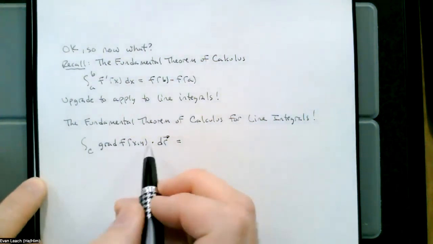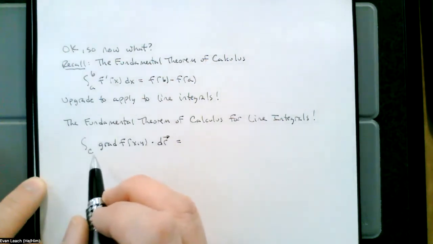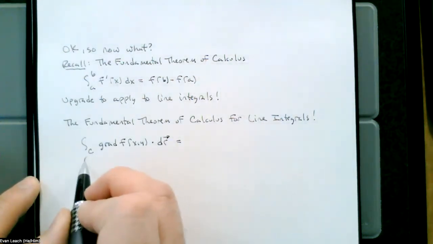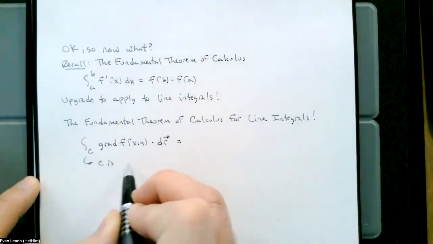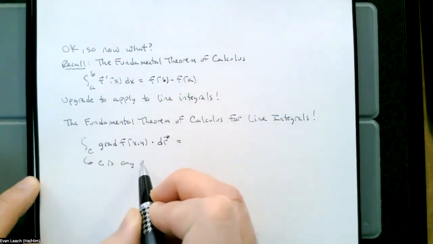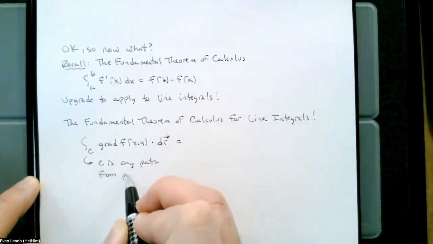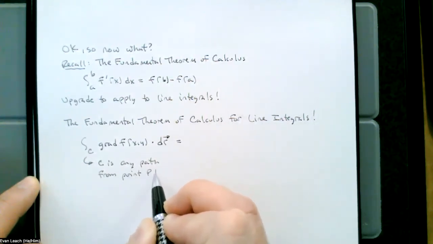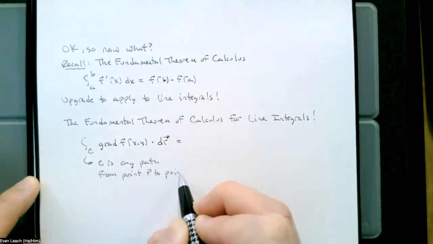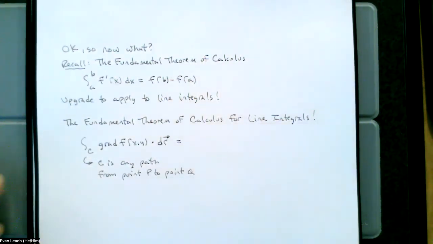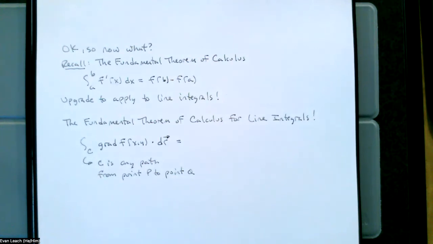So if you integrate a gradient of a potential function over some curve, and C is any path from point P to point Q, we can do the same thing that we did with the fundamental theorem of calculus. Evaluate the potential function at the endpoints.